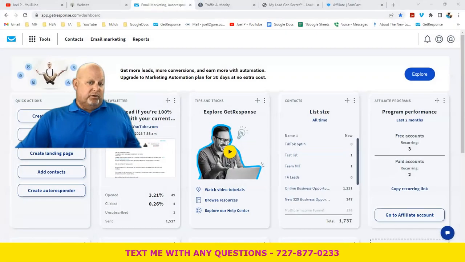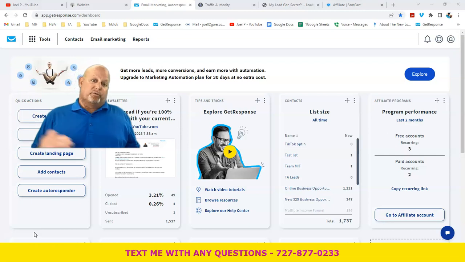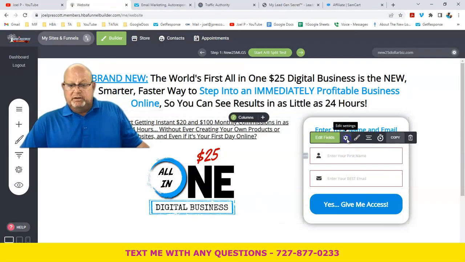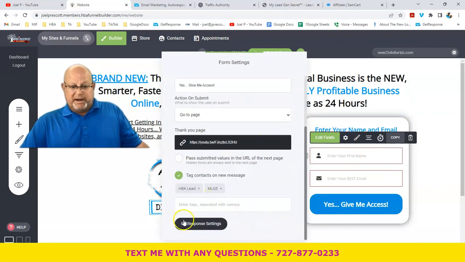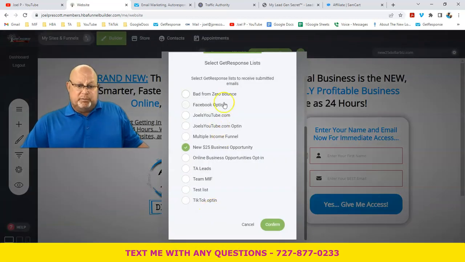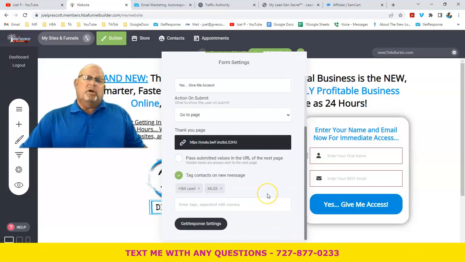Next, we integrated our autoresponder with our landing pages. When people enter their contact information, not only does it go into HBA contact forms, it also goes directly into our autoresponder, whether it be GetResponse or whatever one you happen to be using. We went to this area, where we could do our settings with GetResponse, which is what I'm using, and connect it to the appropriate list within your autoresponder.